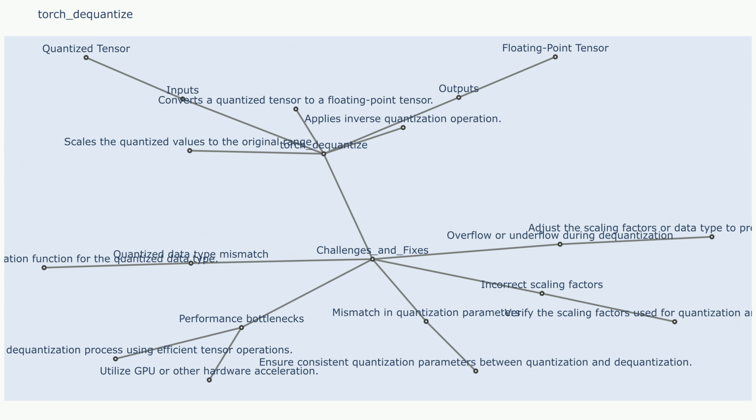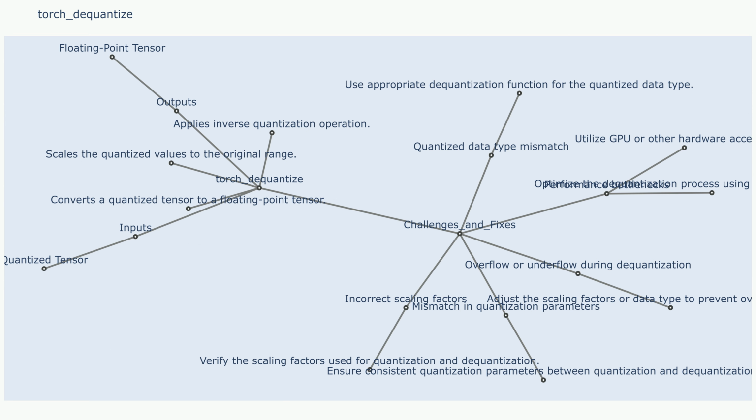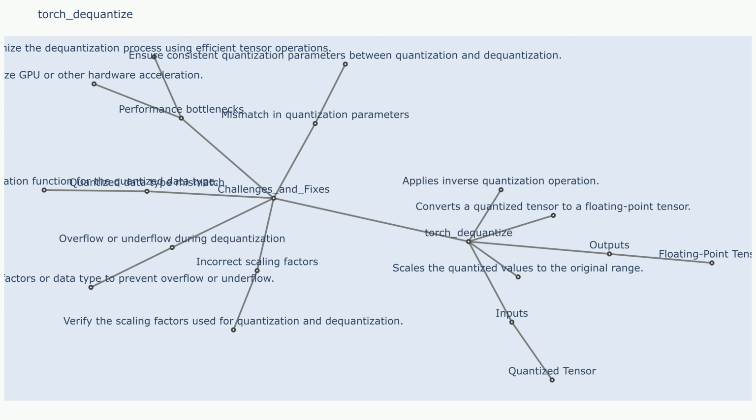Challenges and fixes. Challenge 1: precision loss. While dequantization aims to restore the original data, there can be some precision loss due to the inherent limitations of quantization. Sample use case that resulted in challenge 1: applying dequantization after complex mathematical operations involving quantized tensors might result in slight precision differences compared to performing the operations on the original floating point tensors.